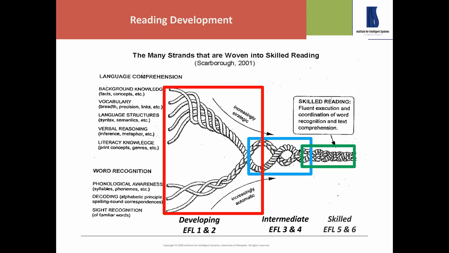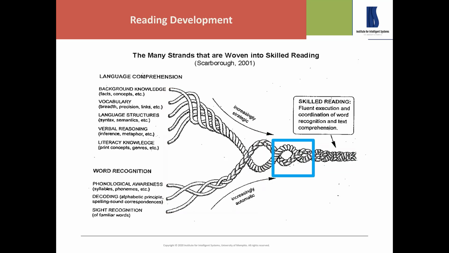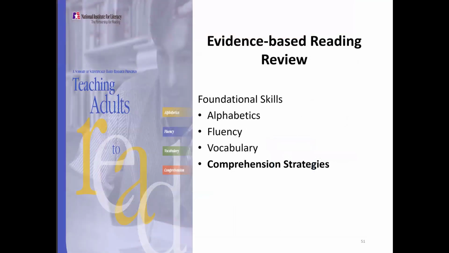And of course, as you get towards the top end, you just treat this all as if they're all intertwined. And so we're, of course, working now with the transition from level 3 to 4. So hopefully the underlying word recognition skills are being strengthened as part of the exercises we're doing at other levels.